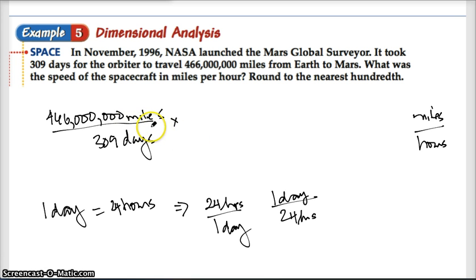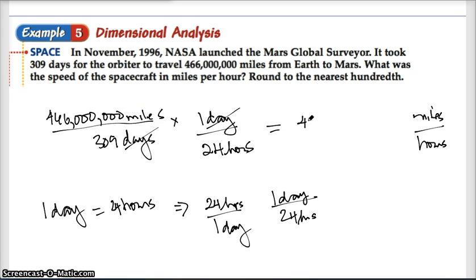Here I want miles to remain, but I want days to go and to be replaced with hours. Here's the one I'm going to use because hours is on the bottom. So 1 day, the days will cancel, over 24 hours. And so now I'm already set up to get my answer in miles per hour.